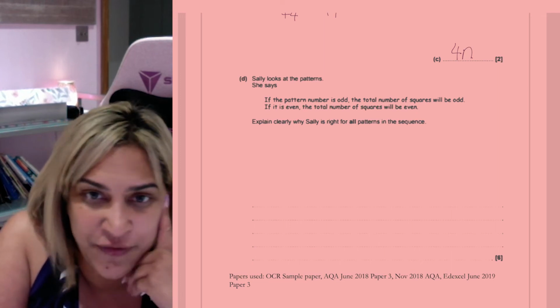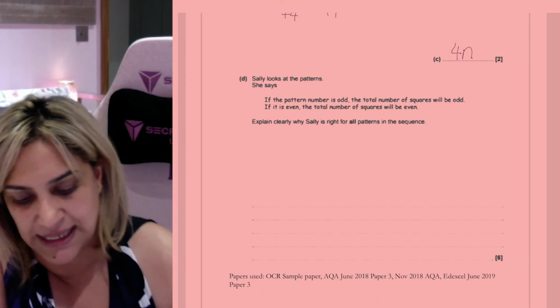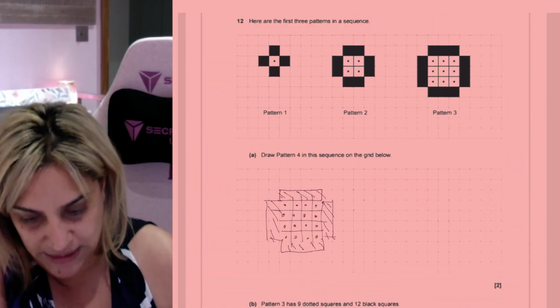Sally looks at the patterns. She says, if the pattern is odd, the total number of squares is odd. If it is even, the total number of squares is even. And explain why she is right.